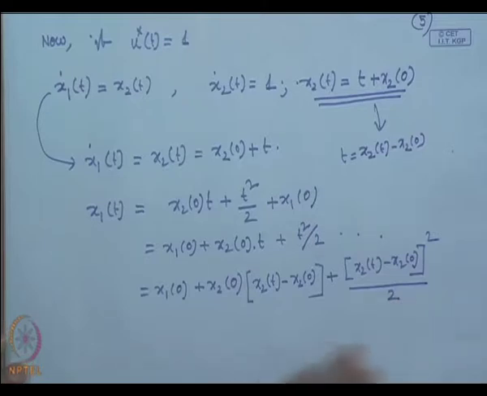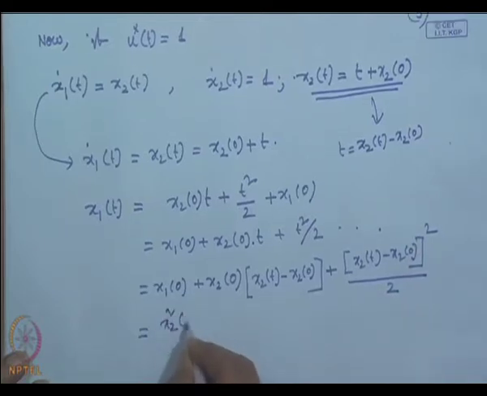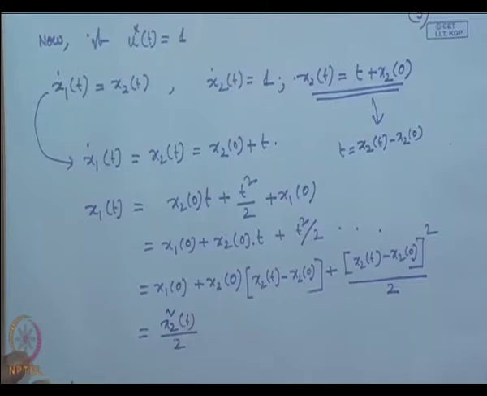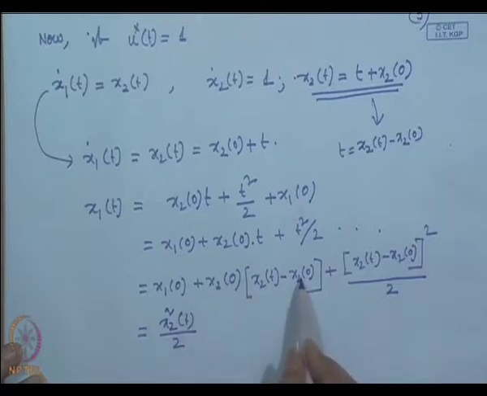Now, if you simplify that one, this is x 2 square, (a minus b) whole square, x 2 square by 2. So, it will come x 2 square by 2 and plus x 2 square by 2, and here we will have x 2 square only.